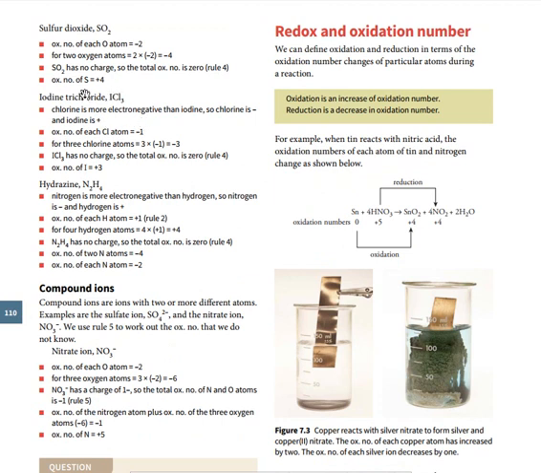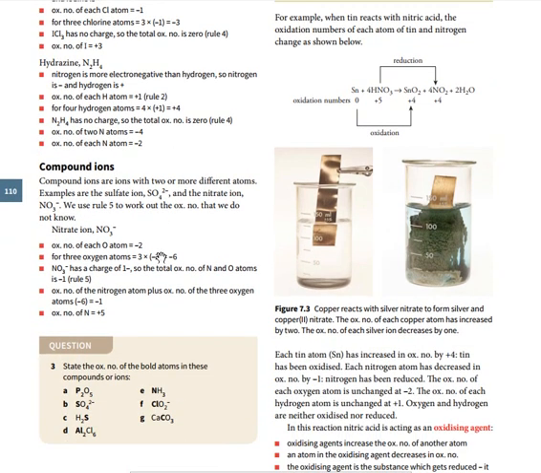So in order to do this, you say the iodine's oxidation number is X. The total oxidation number here is going to be 0 because it's electrically neutral. So you say X plus 3 times -1 is equal to 0, so X minus 3 is equal to 0. I bring 3 to the other side, then my answer for the oxidation number of iodine is +3. This is how to calculate it as easily as possible.